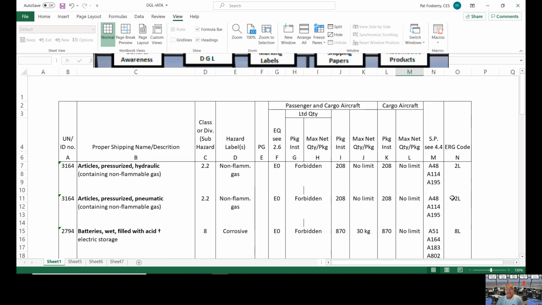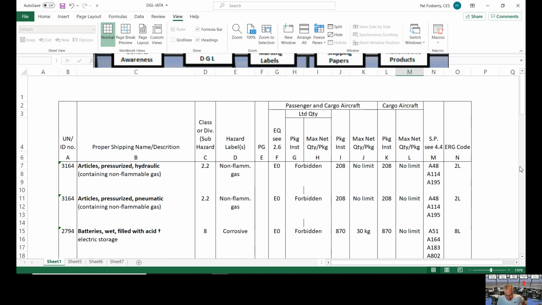Then we've got some special provisions, and those special provisions are listed after your table. You would go into and start looking up, if I have a special provision that could get me out of shipping these. We will look some of these up, again for the struts, the articles pressurized hydraulic.